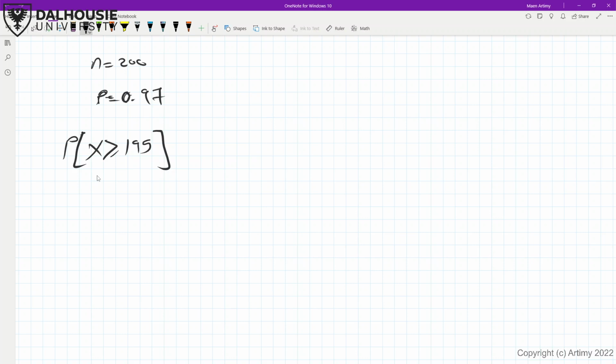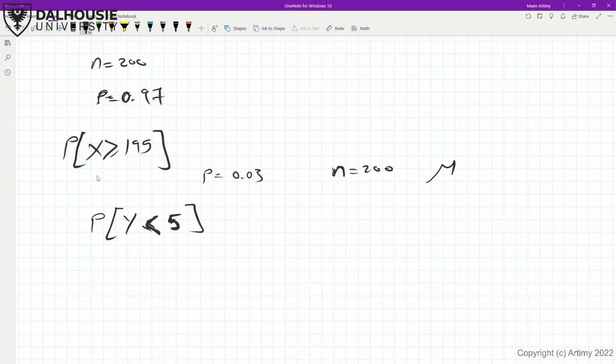Out of 200 messages, maybe I should look for the probability of less than 5 messages failing. The probability of failure here is 0.03, right? n is 200.